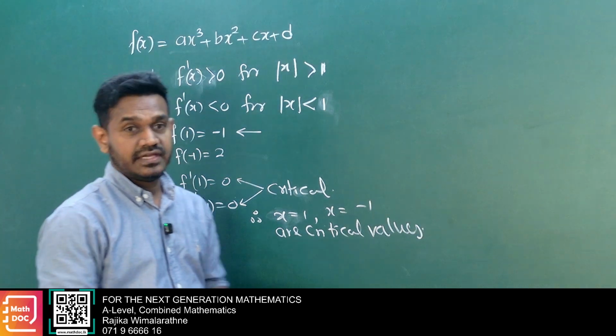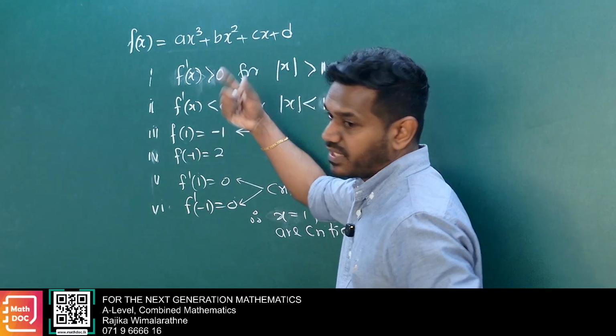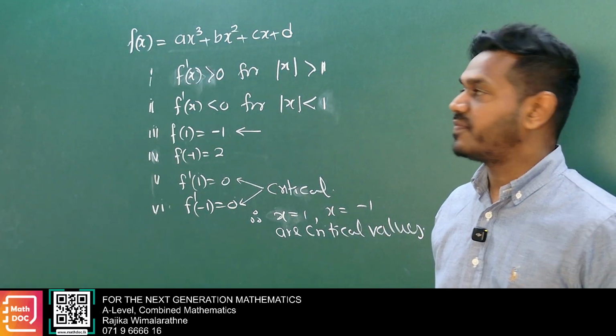Okay. So anyway, first you substitute these values and try to obtain a, b, c.